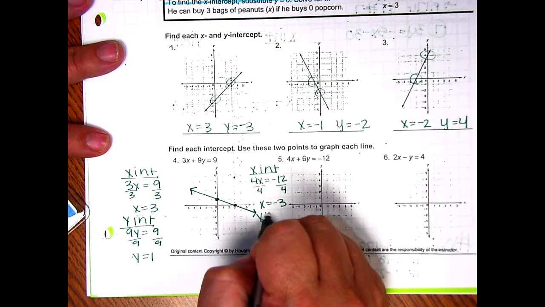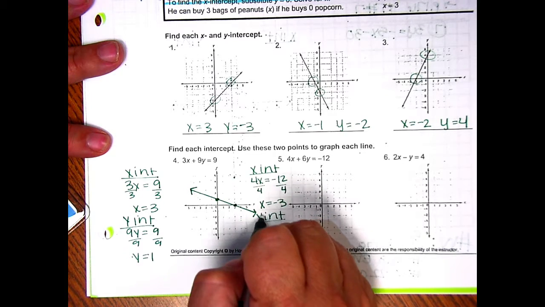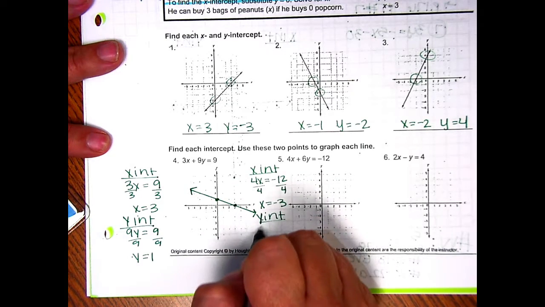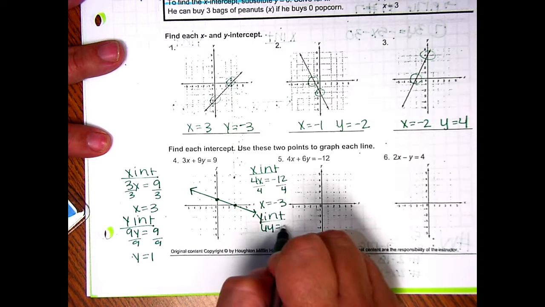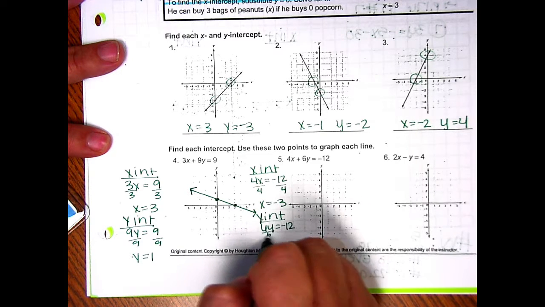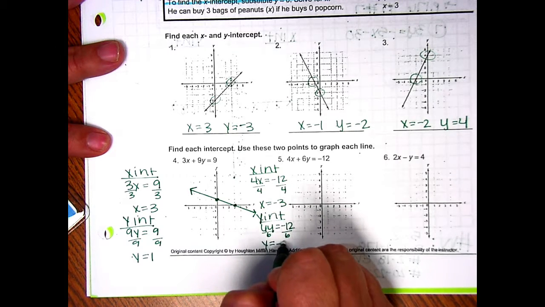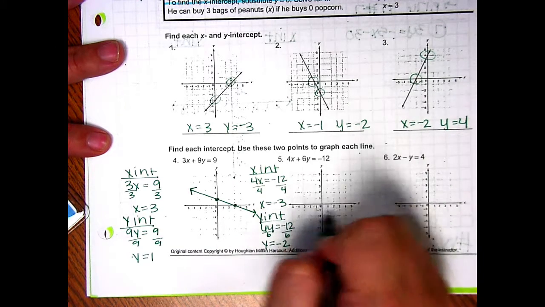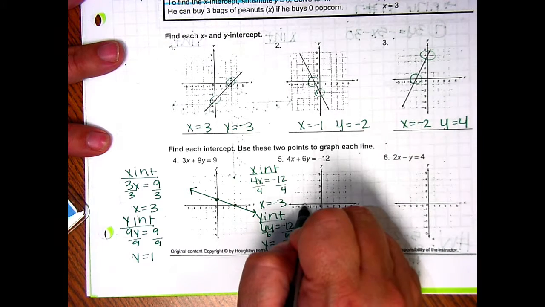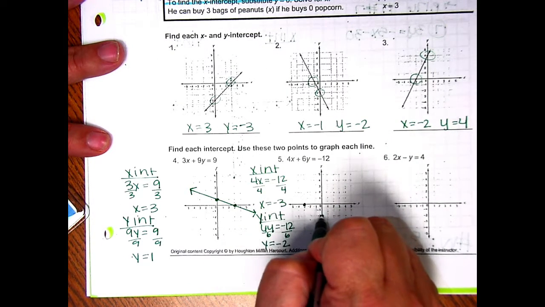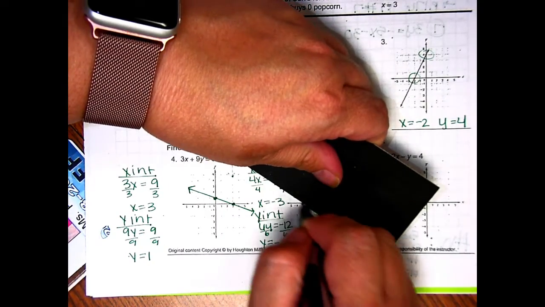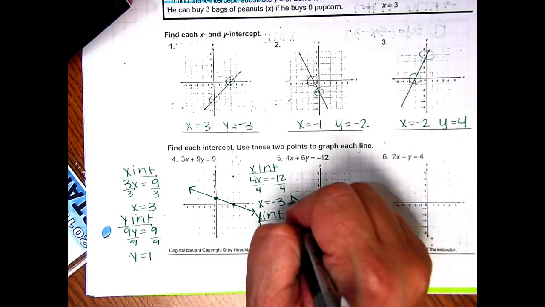And the y-intercept would be 6y equals -12. Divide by 6, and y equals -2. So -3 on the x, -2 on the y, and connect the dots.